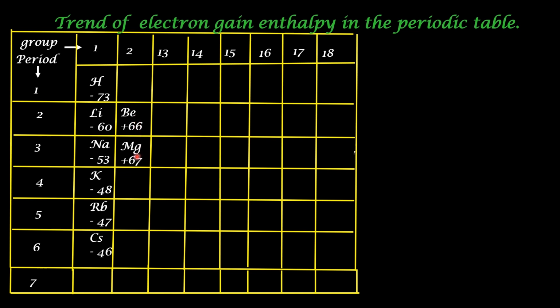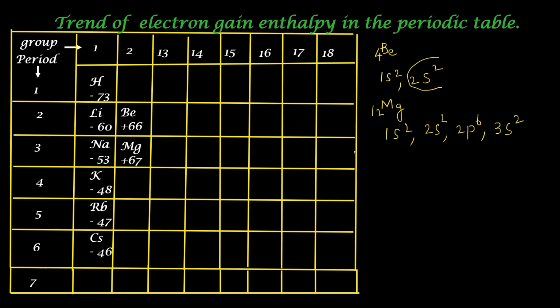Beryllium belongs to the second period and magnesium belongs to the third period. The electron configuration of beryllium, Z equal to 4, is 1s2, 2s2, and for magnesium, atomic number 12, the electron configuration is 1s2, 2s2, 2p6 and 3s2.